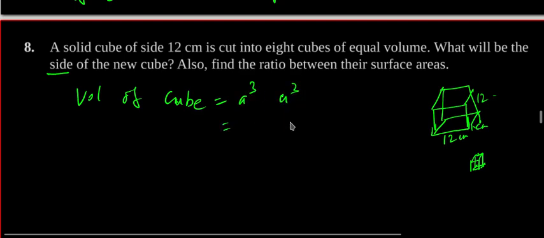Here it is given that the side is 12, so it is 12 cube, centimeter cube. That means this is the side of the cube, so A into A into A. A equal to 12, so 12 into 12 into 12. So 12 cube centimeter cube.